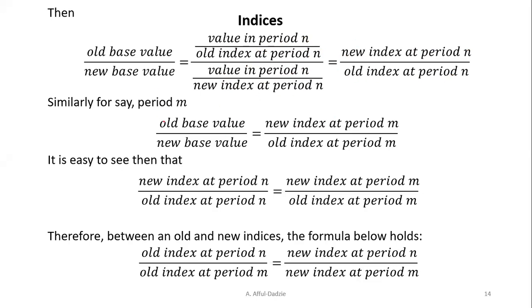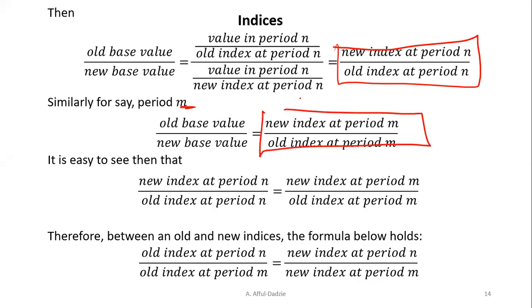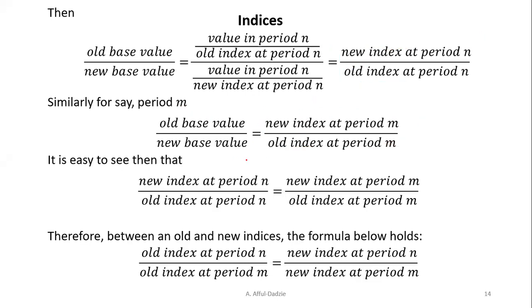So our old base value over new base value would be equal to new index at period N. That is if we are doing it for N, and this is when we do it for M. If we have these two, then we can compare the two.